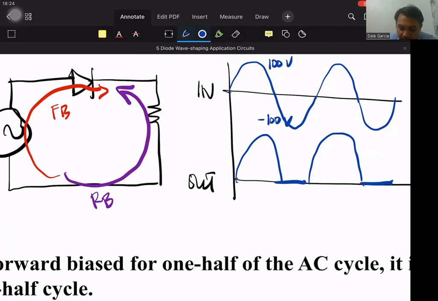So it might be that the diode doesn't just block it. It's not only that the diode will block this value of voltage, but most probably the diode will break down at that value. So there's a maximum value that the diode can withstand in the other direction.